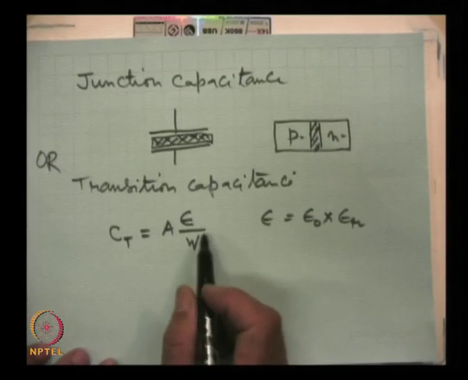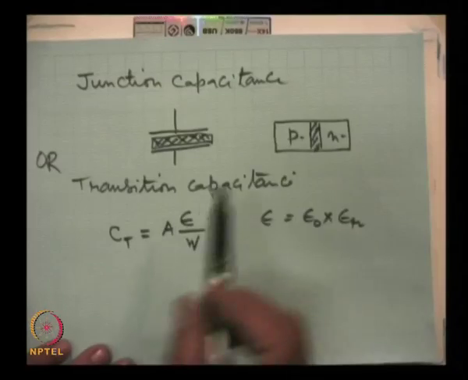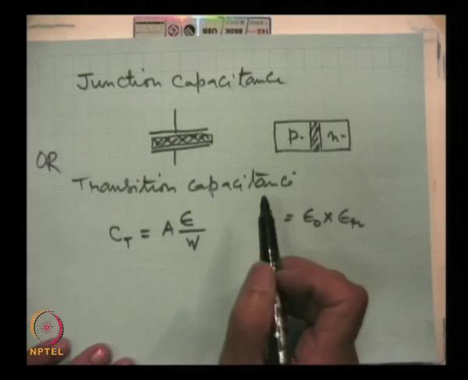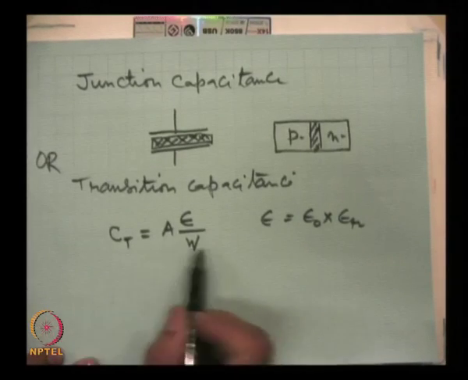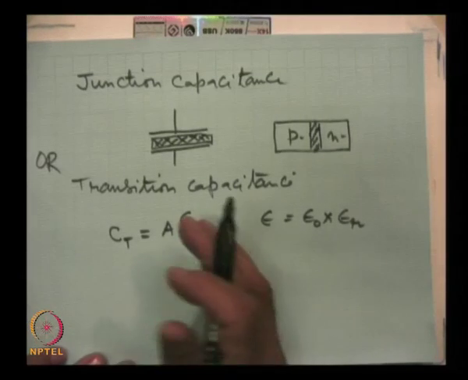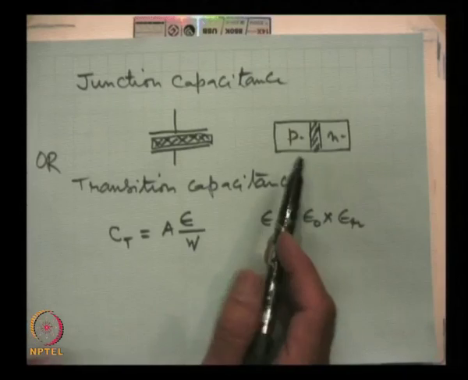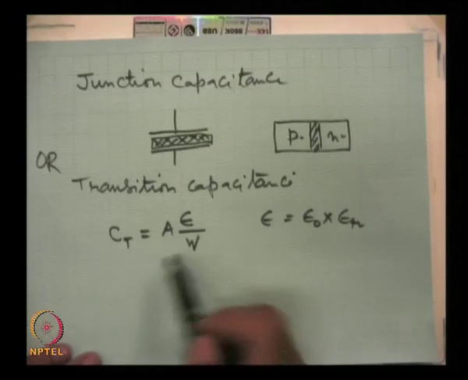Even the rigorous theory, as you can find in several books like Millman Halkias's Integrated Electronics, also gives the relation for the transition capacitance, which is this. We can see that the simple analogy of this junction capacitance with the parallel plate capacitor also results in the same.